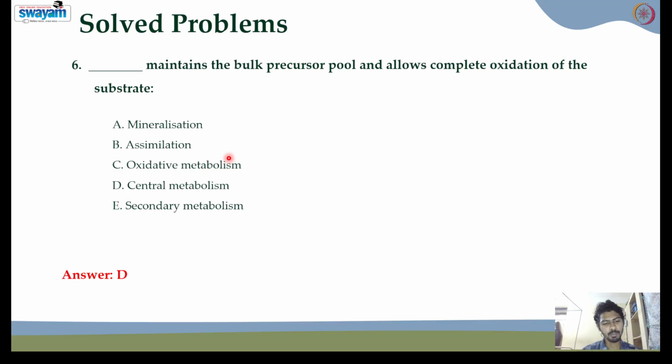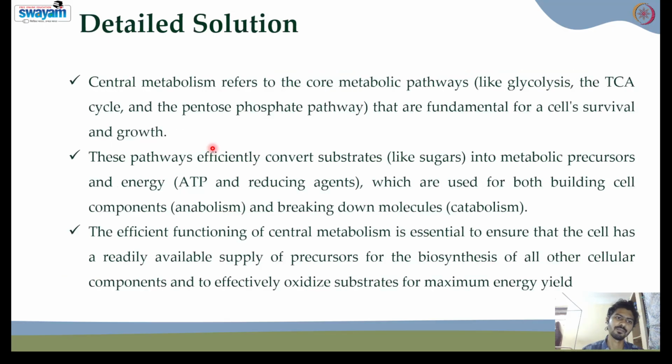It uses oxygen as an electron acceptor to produce ATP rather than maintaining the bulk precursor pool. Whereas in secondary metabolism, what happens? Production of specialized metabolites, which are not directly essential for growth. So among these options, central metabolism suits for maintaining the whole bulk precursor pool and allows complete oxidation of substrate.